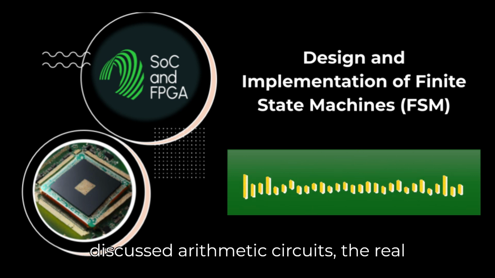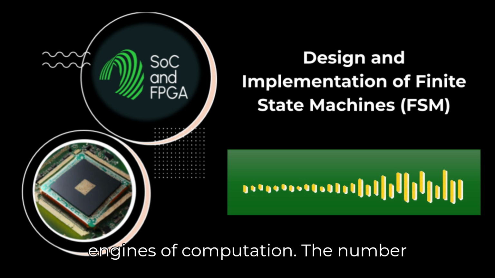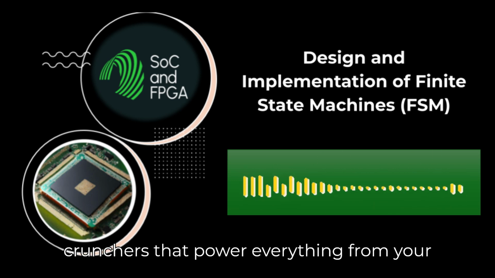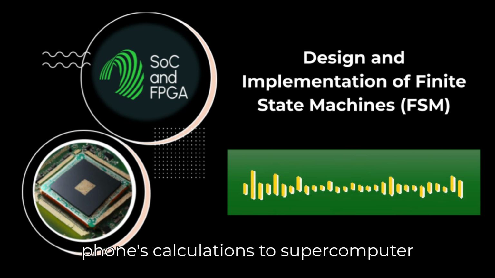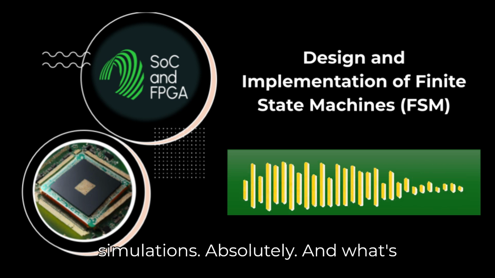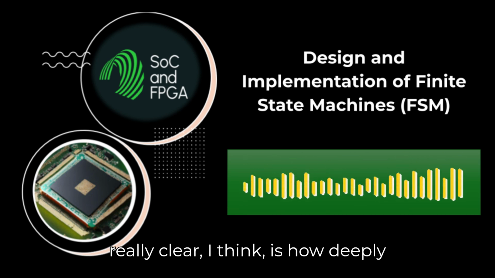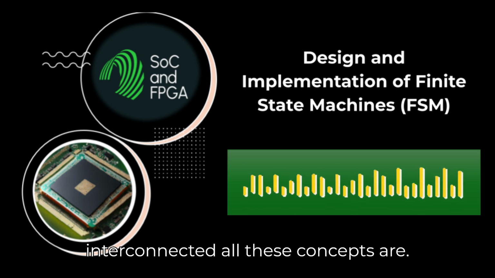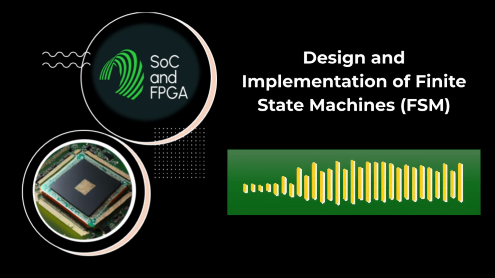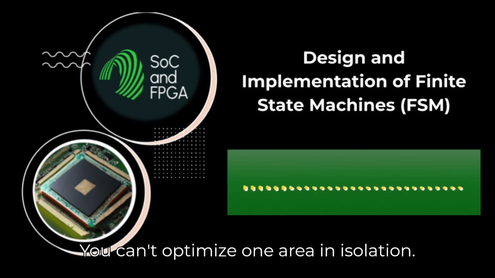And finally, we discussed arithmetic circuits, the real engines of computation, the number crunchers that power everything from your phone's calculations to supercomputer simulations. Absolutely. And what's really clear, I think, is how deeply interconnected all these concepts are. You can't optimize one area in isolation.